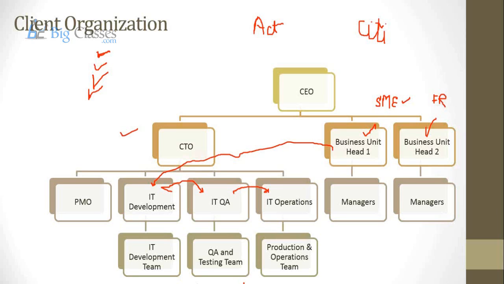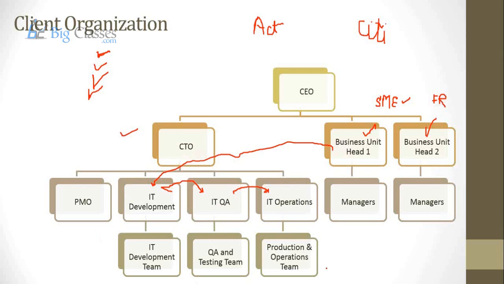So today's anyway an overview session, so I'm just giving you an overview that these are the key people that you will interact with, right? So to summarize on this slide, every organization would have a business team. They would have some applications to support their business. Those applications are developed, tested, and then maintained by the IT team, right?